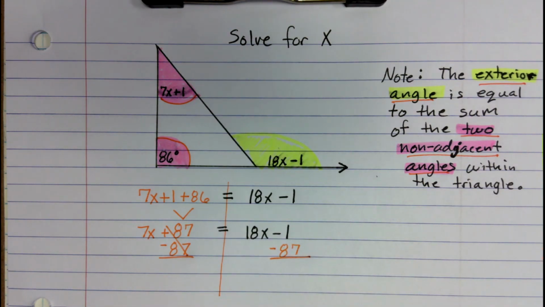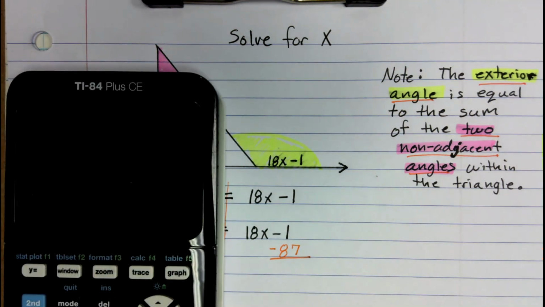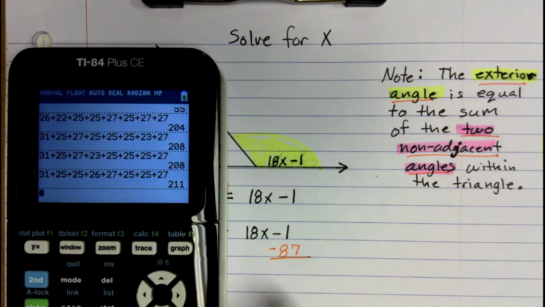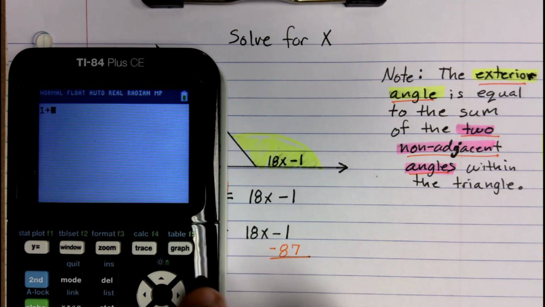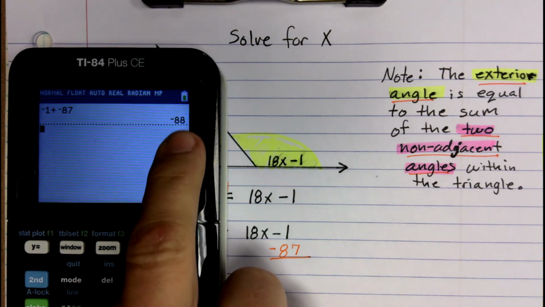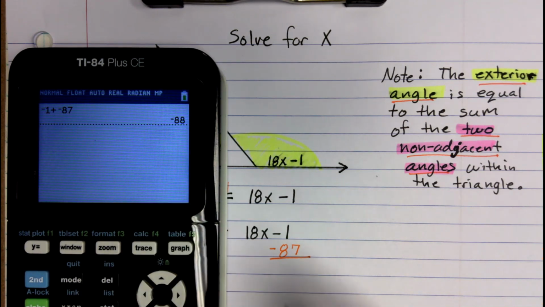Notice it is a negative number, and if you're not good at combining negative values, I would just recommend getting your calculator to do it. So negative 1 plus negative 87. Hit enter, and when combined it gives me negative 88.